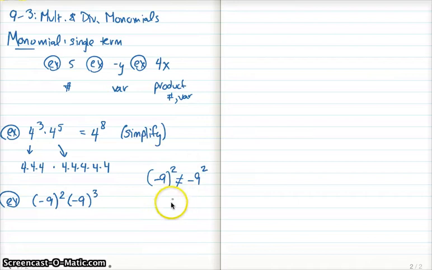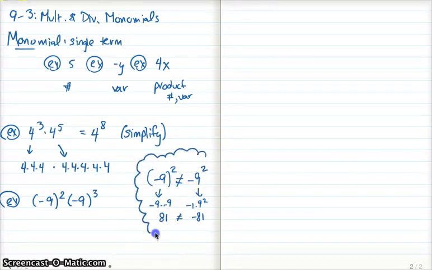You get two different answers because remember, in this case I'm taking negative 9 and multiplying it by negative 9, giving me a positive 81. And remember that in this case what I'm really doing, following the order of operations, is 9 squared and then multiplying it by negative 1, which would give me a negative 81. And that's why you can see that these are not equivalent. So that's an aside. We've talked about that in the past, but it's something good to mention.